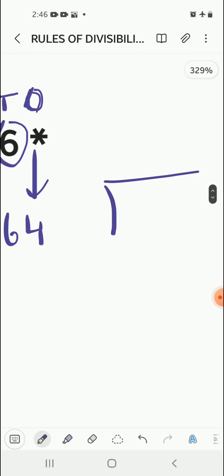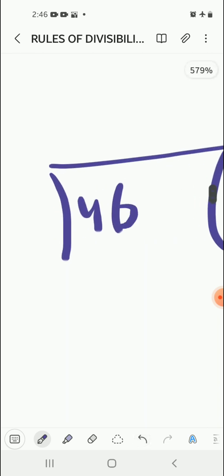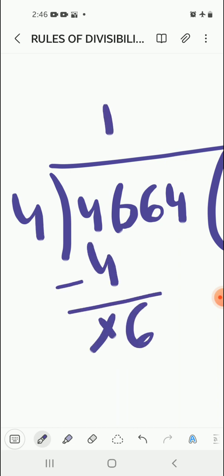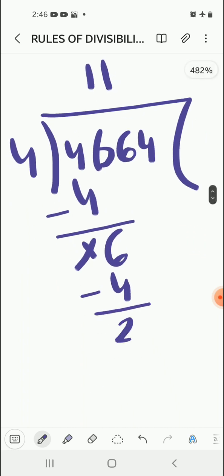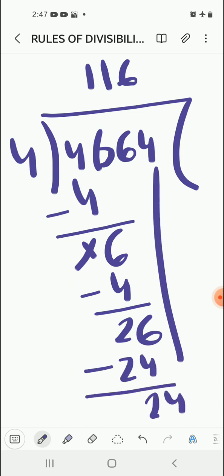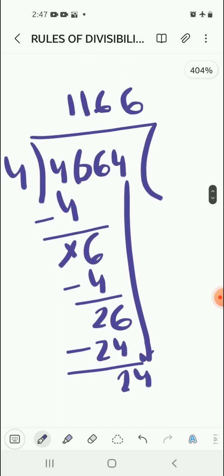Let's check it. 4664, the last digits 664. If we divide by 4, we get 26, 4 6s are 24, we get 2, and lastly the 4 comes down, so 4 into 6 is 24.